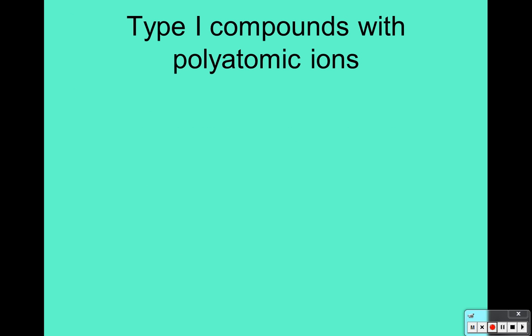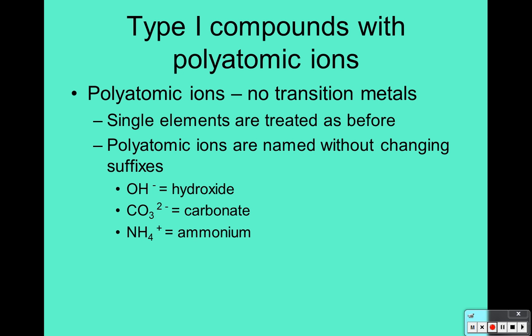Alright, so now let's look at type 1 compounds with polyatomic ions. Again, we're not looking at transition metals, but now we're going to look at things that have an NH4 in them or an OH, something like that.